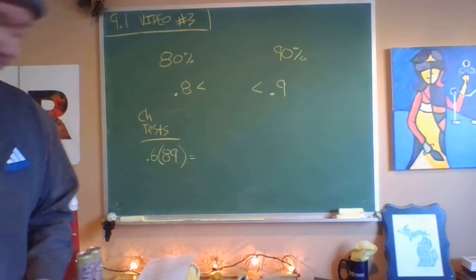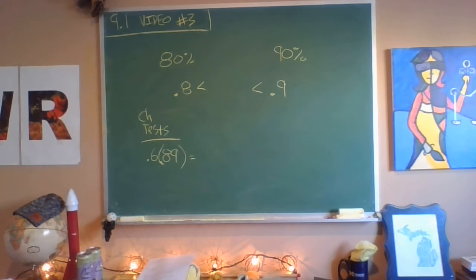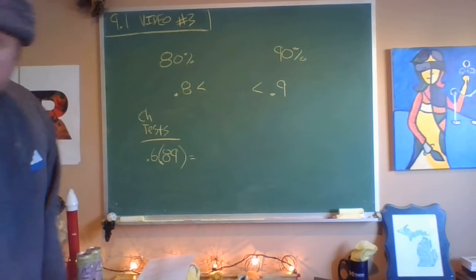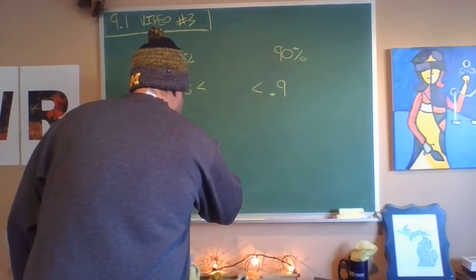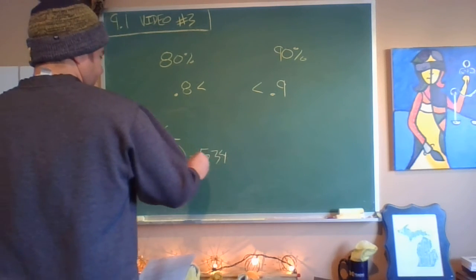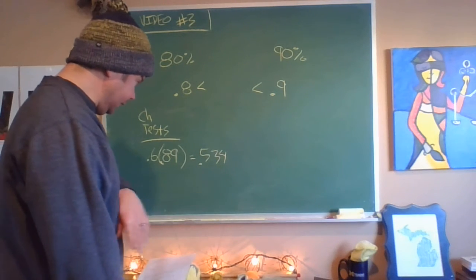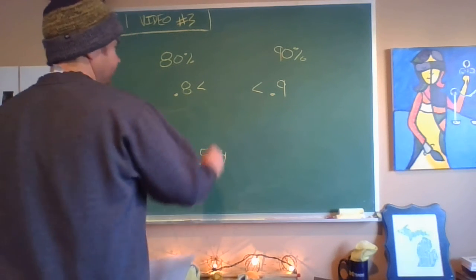I should have put a decimal here. So I'm turning these percentages into decimals. 0.6 times 0.89 is 0.534. So the contribution to your final grade from your chapter tests is 0.534.